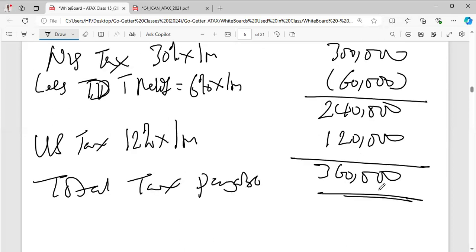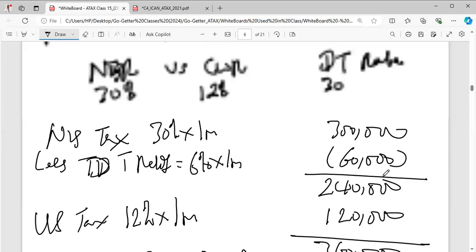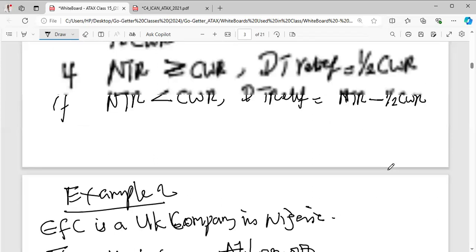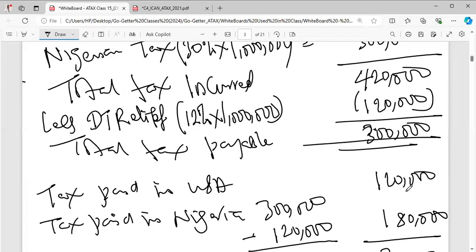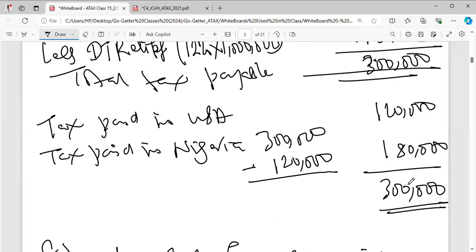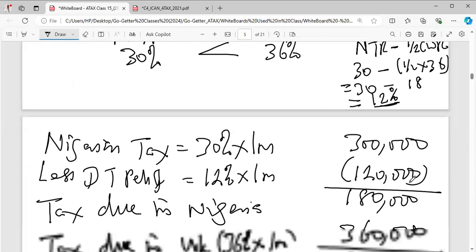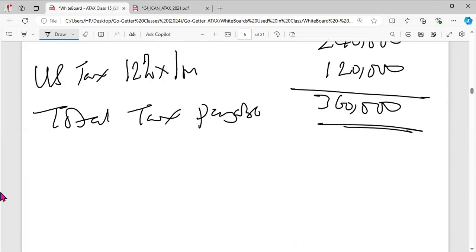Now let's compare this 360 with what we did before. In this case here, he's paying 300 and now he's paying 360. So what we just did now is that double taxation relief favors Nigerian companies when there is no double taxation agreement.